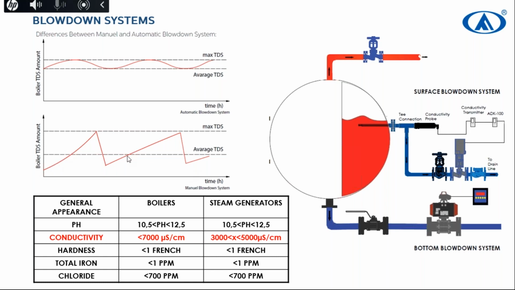If you make this blowdown too much, it means you will reduce the TDS amount too much, and it will cause a exactly shiny, bright boiler, but it will also cause waste of water and waste of the chemicals that you add to your boiler, and waste of energy, because you need to heat up that much water again from the feed water tank, from makeup water.